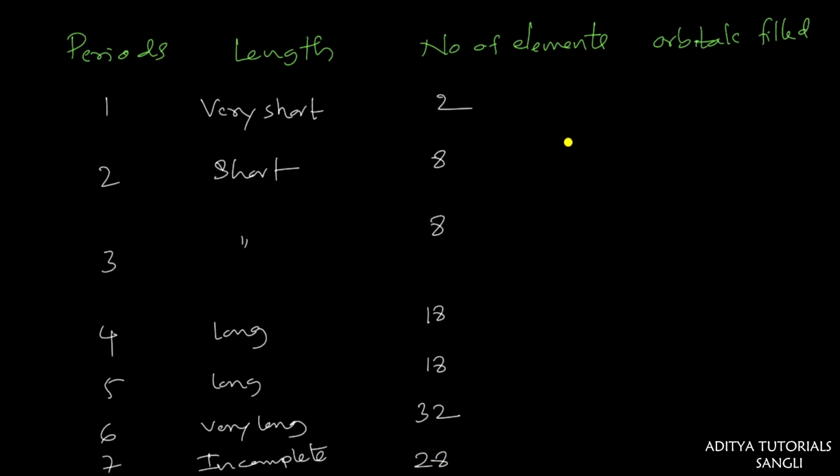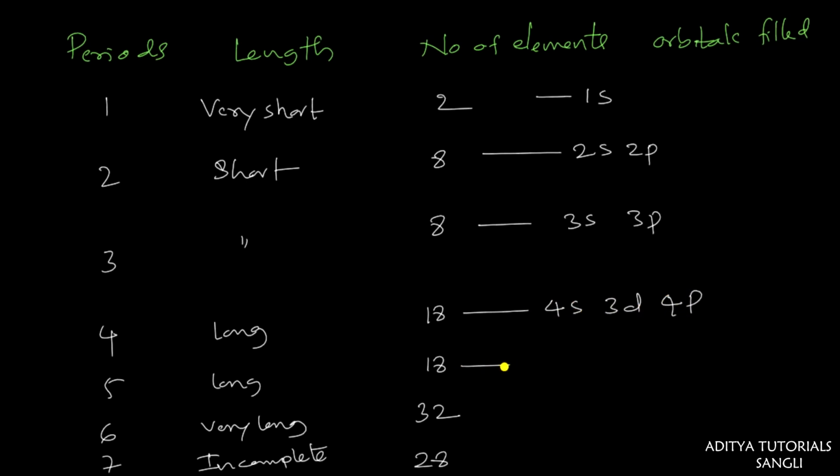Okay, so now let's understand how the orbitals are filled. In the first period, only the 1s atomic orbital is filled. In the second period, 2s and 2p are filled. In the third period, 3s and 3p are filled. In the fourth period, which is important, 4s, 3d and 4p orbitals are filled. Next, in the fifth period, 5s, 4d and 5p orbitals are filled.